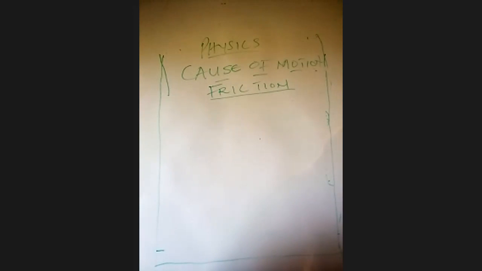When a solid is in contact with another, the roughness of their surfaces prevents them from sliding freely over one another. Such action is brought about by the effect of friction.